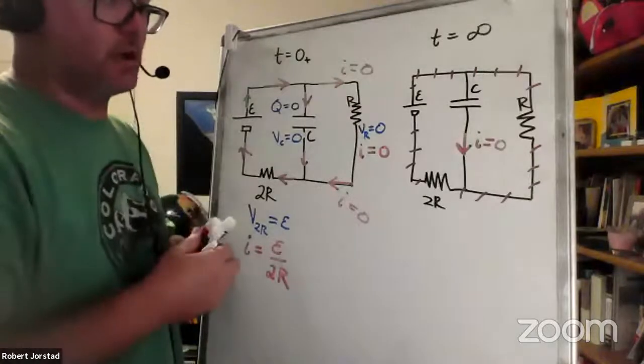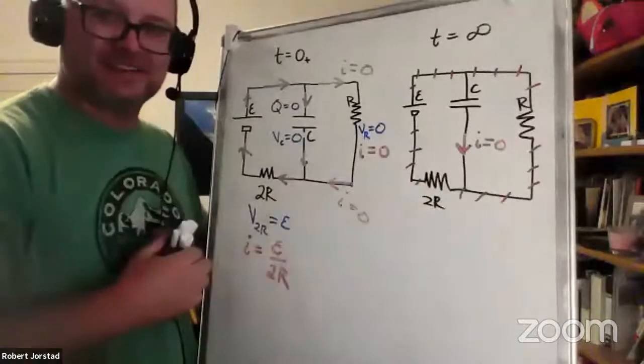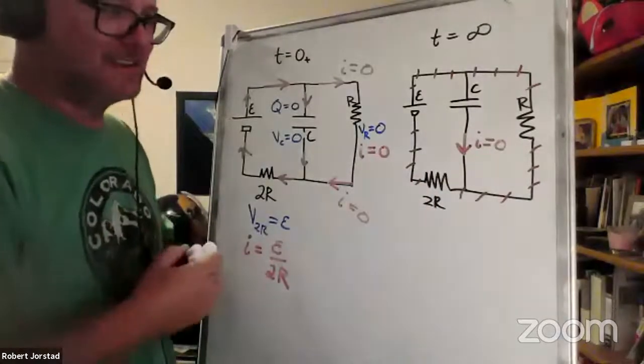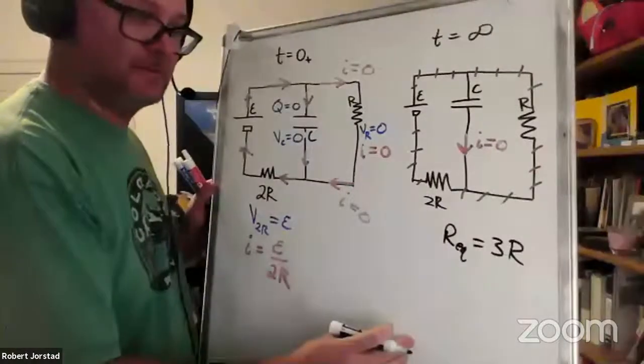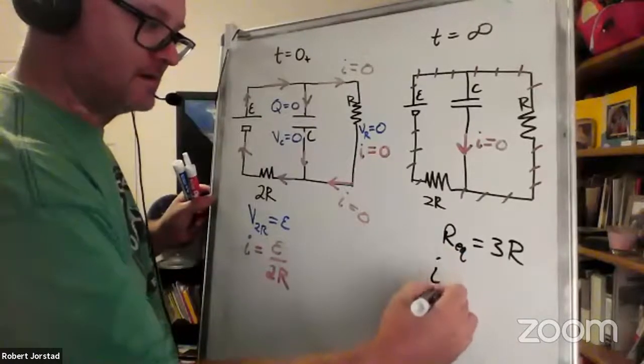So, what's the total current flow? What do these resistors look like? Series, parallel, or something else? Series. Right? So what's the current? E over 3R.